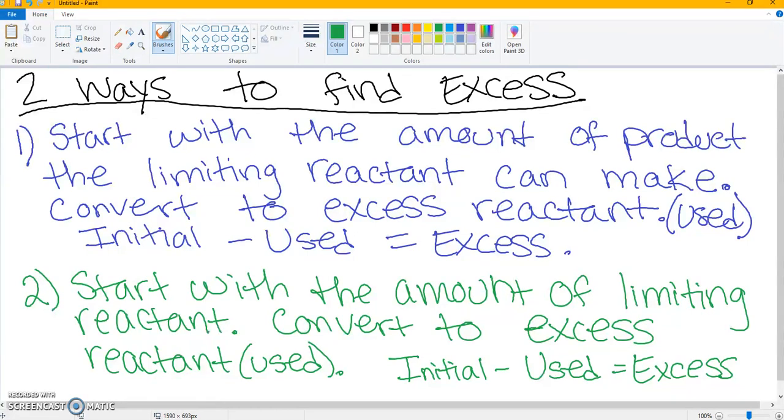Both of these will work, okay? And if you notice, both of these are dependent upon the limiting reactant. That's because the limiting reactant controls how much product I can make, okay? So whenever you're trying to find excess reactant, you always have to know your limiting, because that's what's going to stop you from using any more of your reactant.